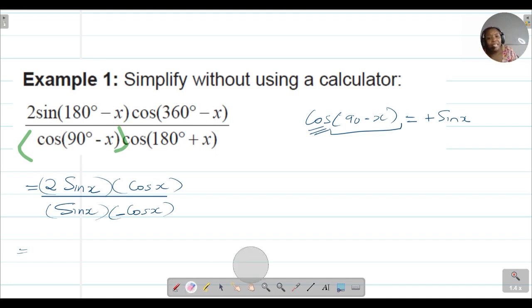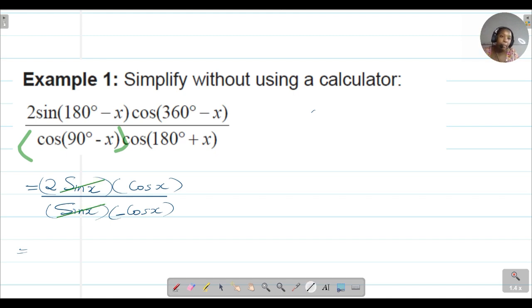Now we can simplify further by looking at whether certain functions can cancel. The sine x can cancel with the sine x because we're just multiplying there, and the cos x can cancel with the cos x, meaning that your final answer will be 2 over negative 1, and 2 divided by negative 1 is equal to negative 2.